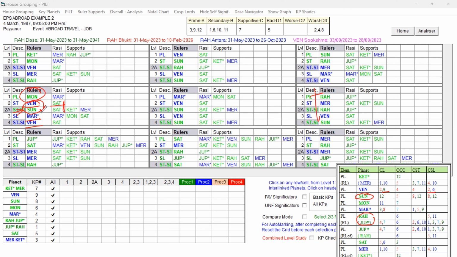Since destiny has already given the green signal, the Dasa Lord also has the key planet of the destiny planet. It is a 2A level planet. It is playing a role, and the other planets are ruled by the other support planets. That is fine.